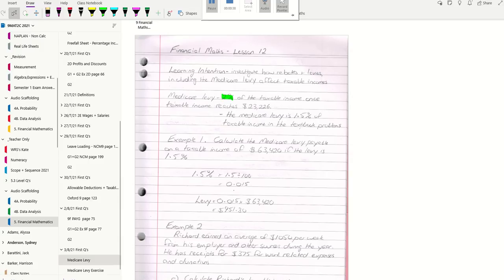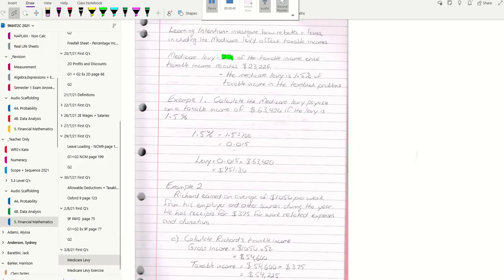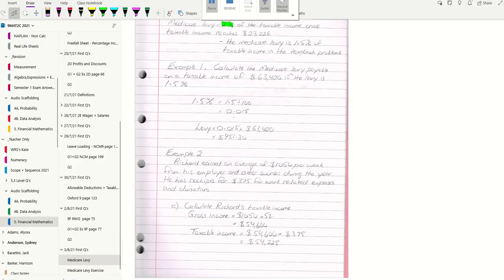The example we're going to look at carries on from last lesson, where the Medicare levy goes on the end after we've worked out our taxable income and how much tax we're going to pay as well.